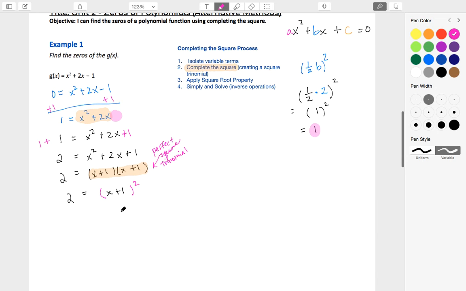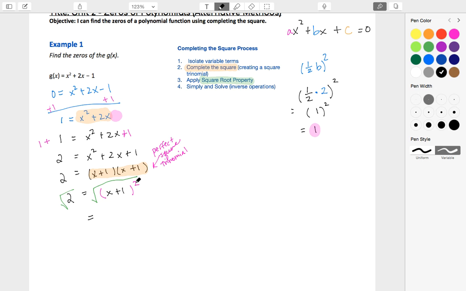Okay, so because it's a perfect square trinomial, we can apply the square root property. So right here, square root property, we can go ahead and take the square root of both sides.